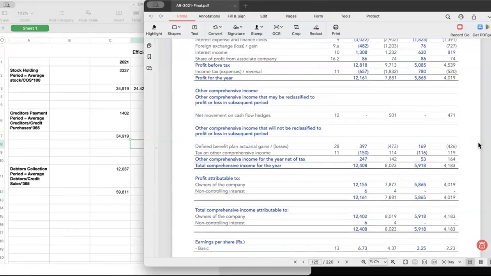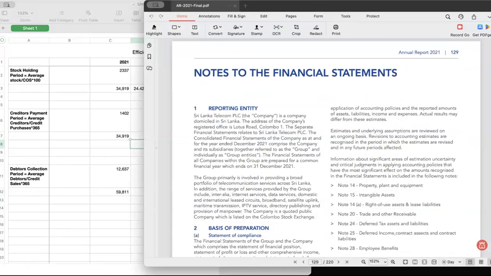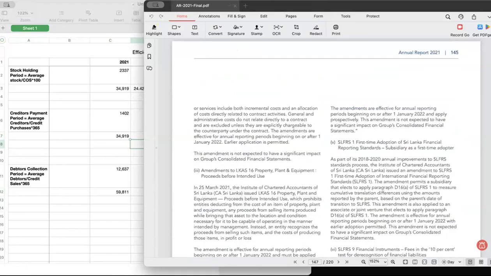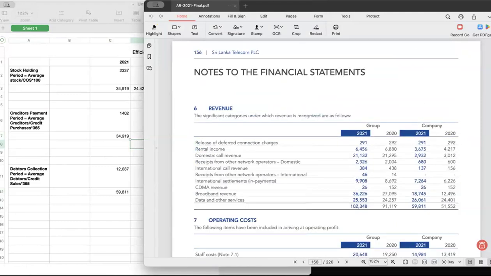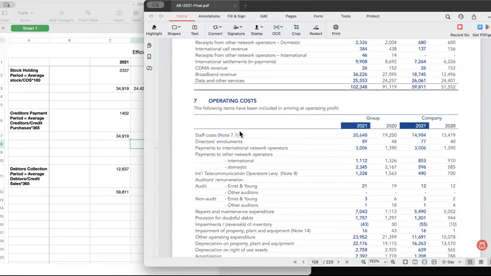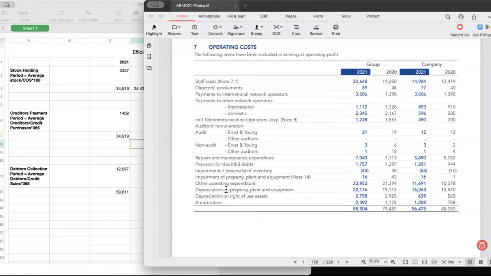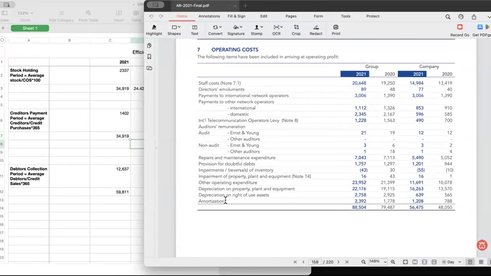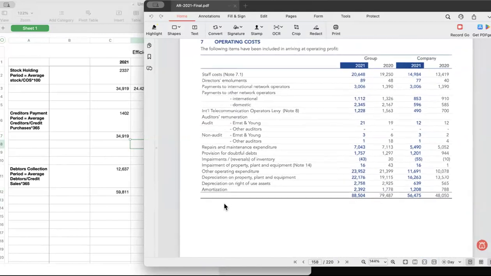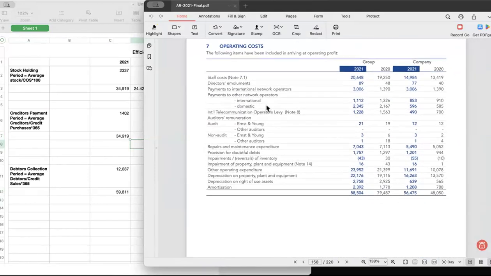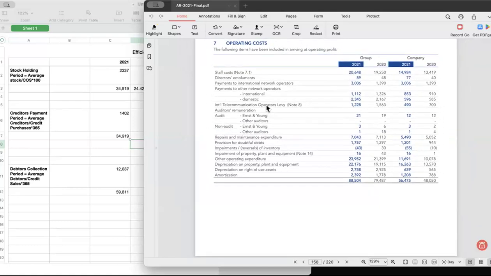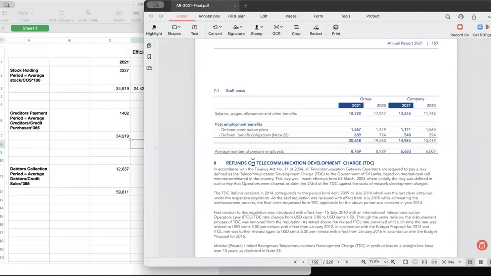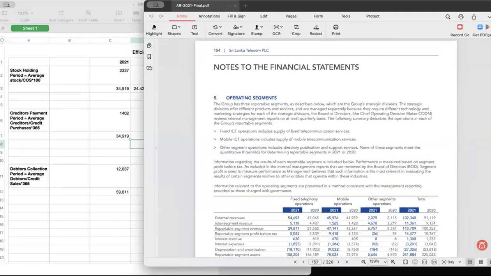Let's go to note 7 and see whether we have any clue to find out the credit purchases. If so, we'll find it. If not, no, there's no clue about credit purchases. So we'll have to take operating cost as the credit purchases because there's no clue about it.